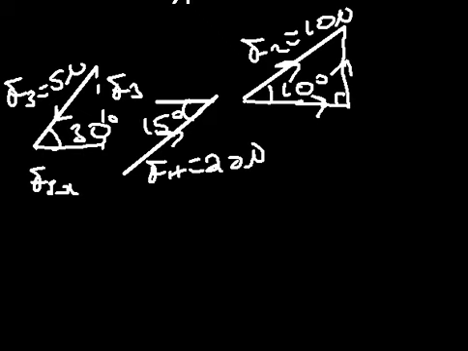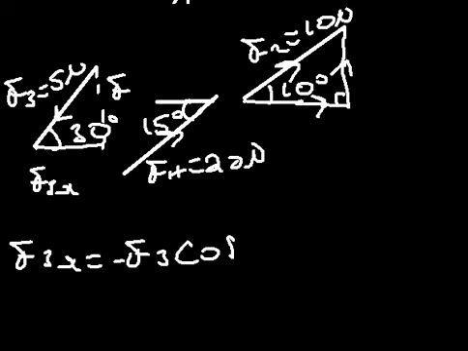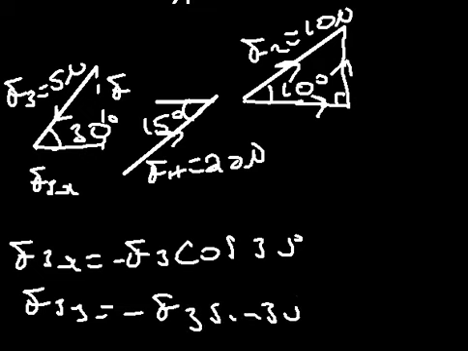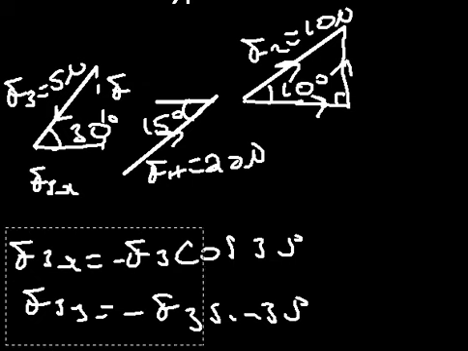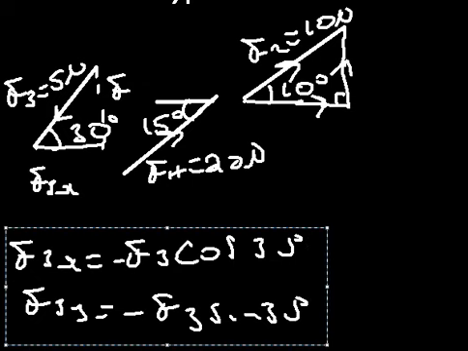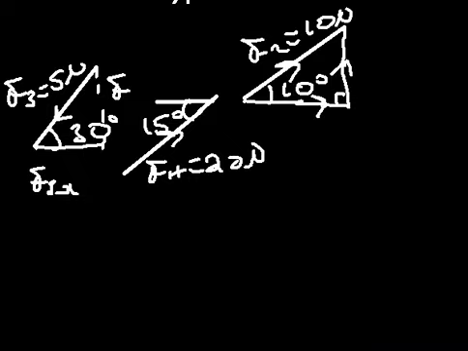So in that case, we'll have f3x being given as negative f3 cos of 30 degrees, and our f3y as negative f3 sine 30 degrees. So you should know that. In case you are being asked during the exams, you should be very careful on these things.